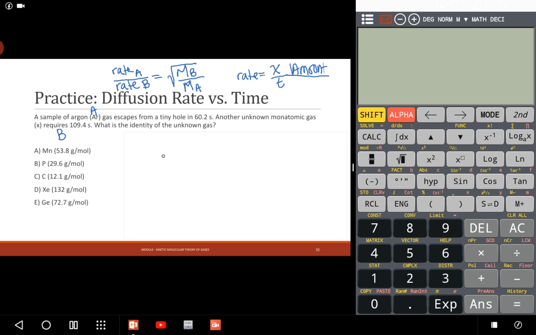So it's the same amount of gas for both gases, so it's really this time that's going to be changing. So my rate is going to be whatever x is over 60.2 seconds.